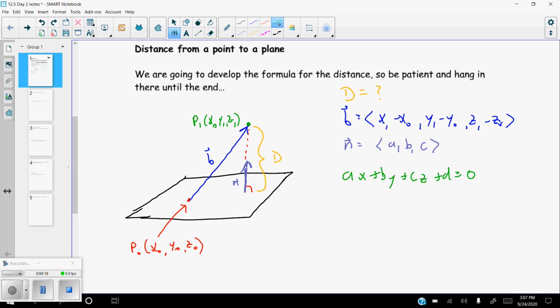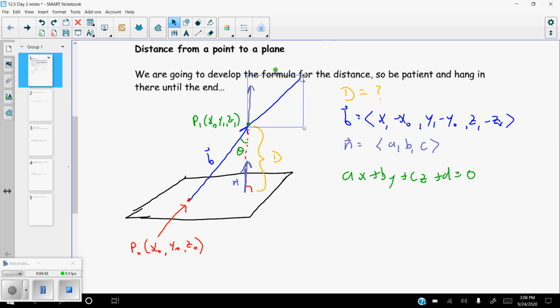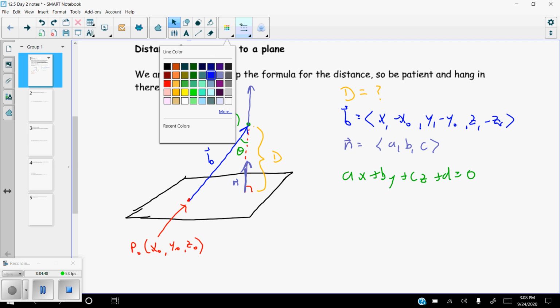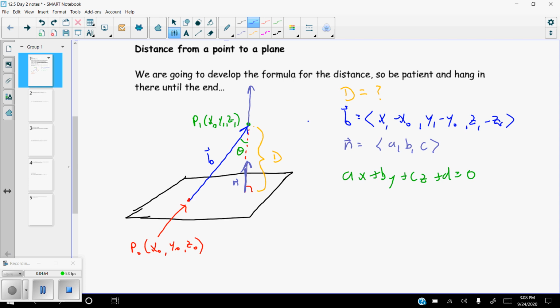What I also know is that there's an angle in between those 2 vectors right there. I can extend that vector up if I really wanted to, because remember, I can put a vector anywhere. I could extend the normal vector up to here, and I could also extend the blue vector like this, and that angle right there is the same thing as the angle on the other side.